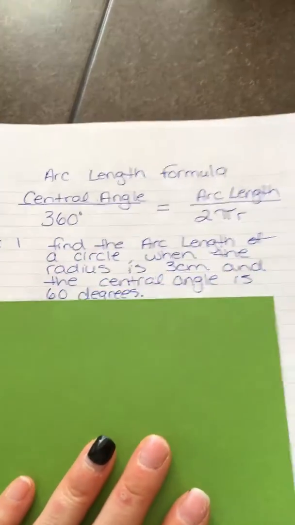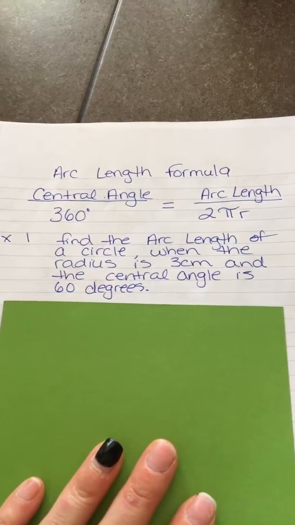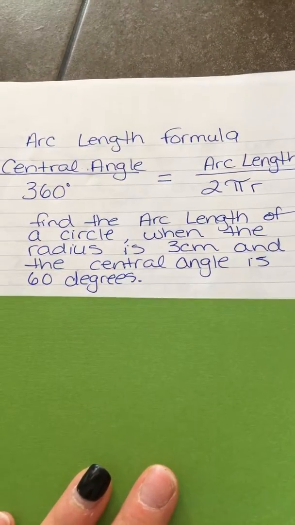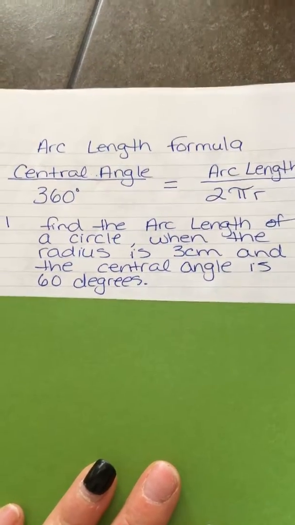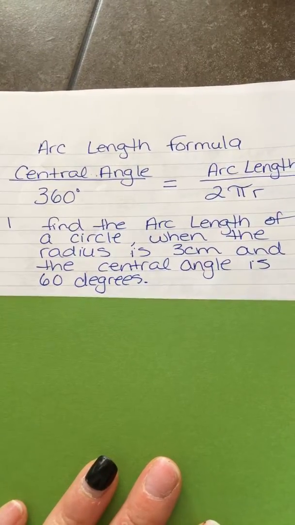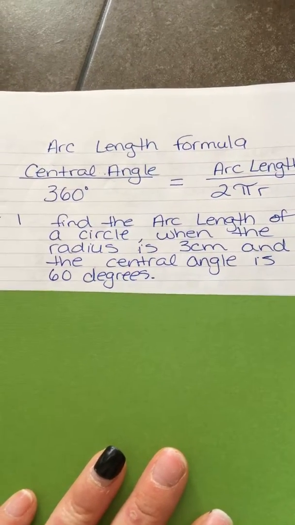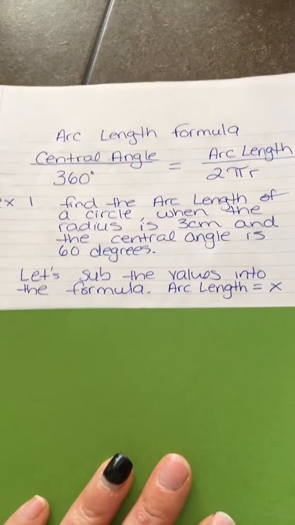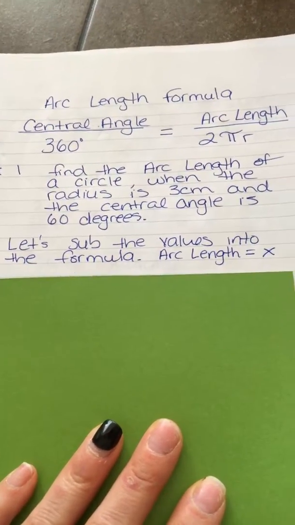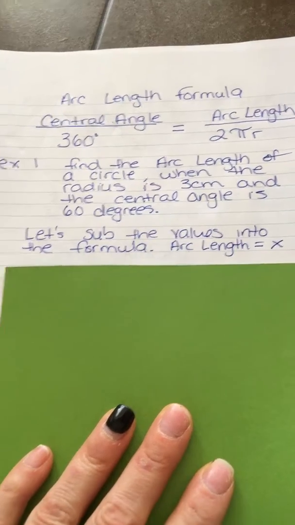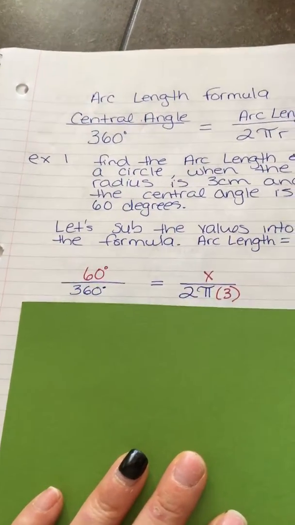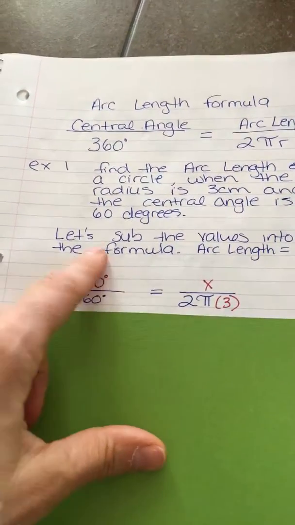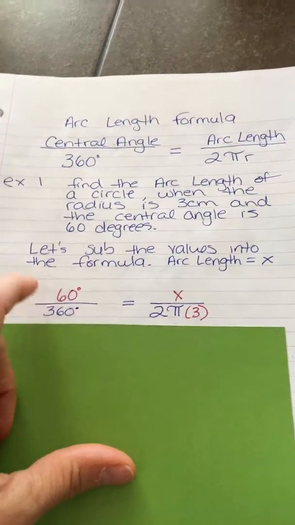Okay, example 1. Find the arc length of a circle when the radius is 3 centimeters and the central angle is 60 degrees. Okay, so we're going to substitute the values into the formula and we'll have arc length equal x. Okay, so here we substituted the values. There's a central angle because it said it was 60.